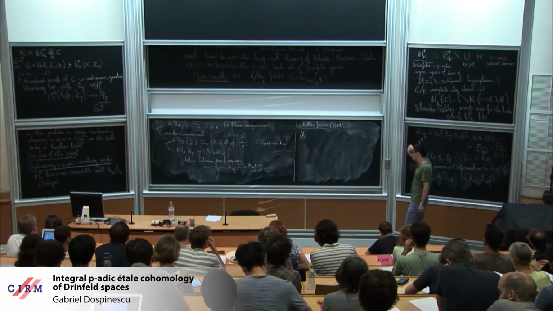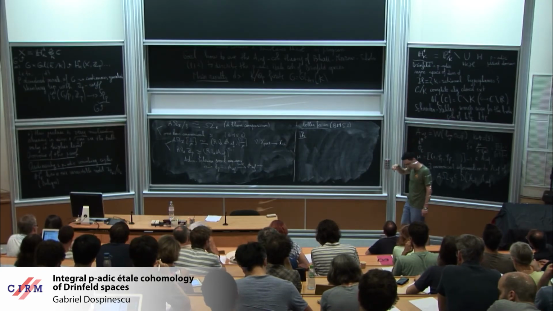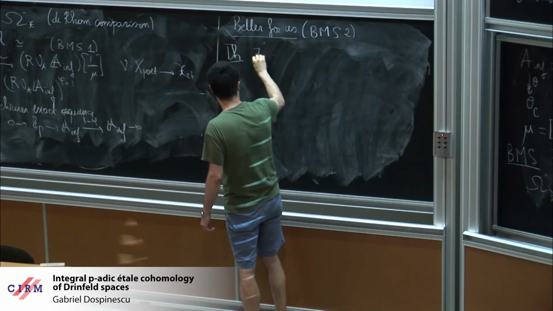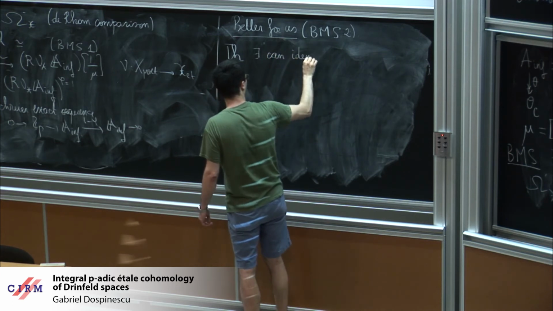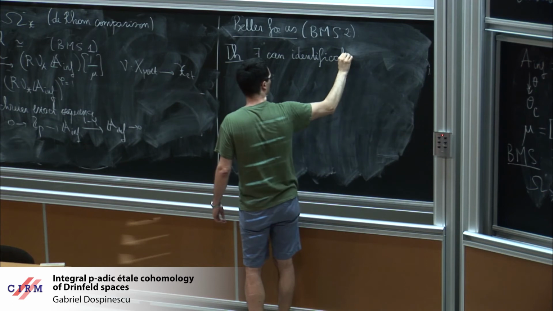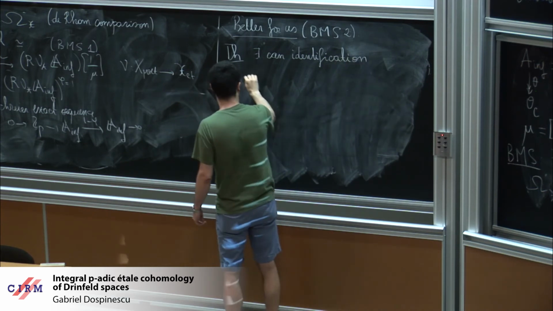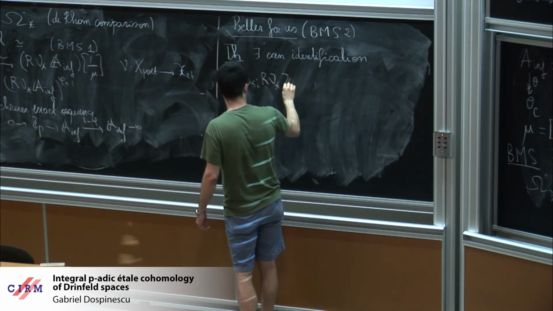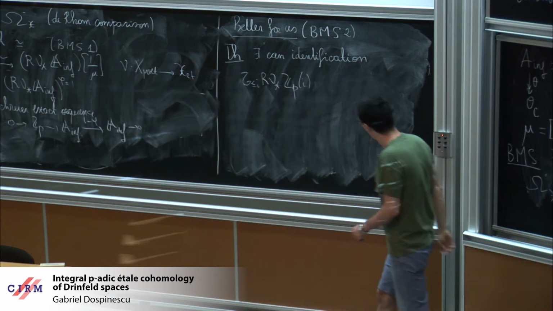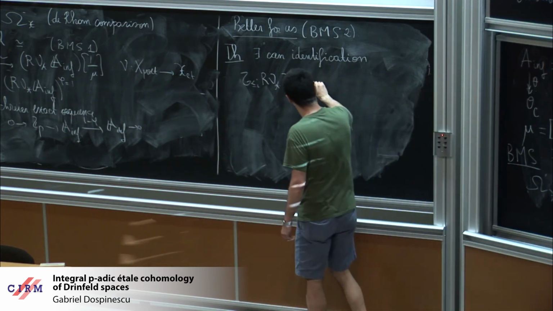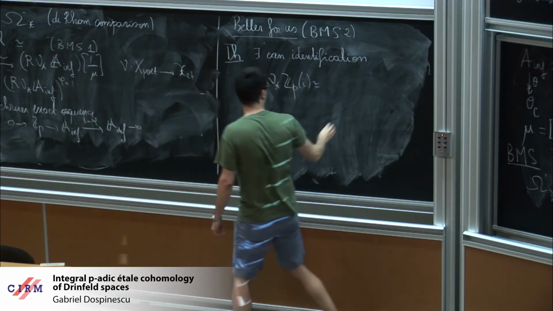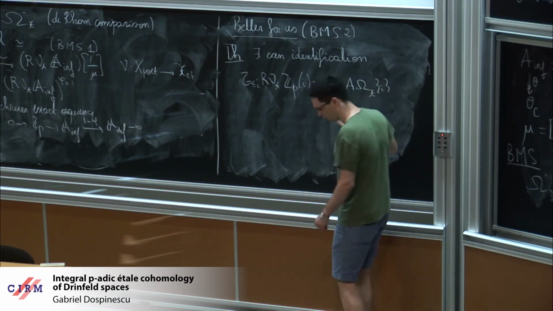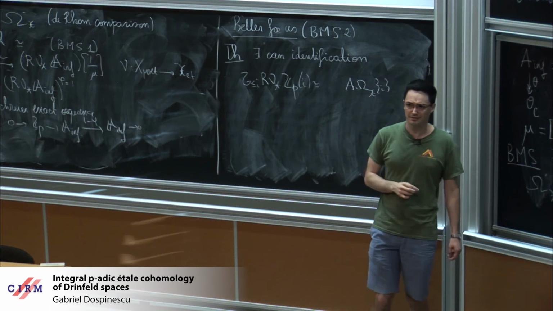There it is stated in the case of smooth things, but it actually works in essentially complete generality. So it says the following: there exists a canonical identification between, on the one hand, you truncate this projection with Tate twist by i, and then you do something very similar to that one, namely you take A_Omega, you introduce something that is called the Breuil-Kisin-Fargues twist.